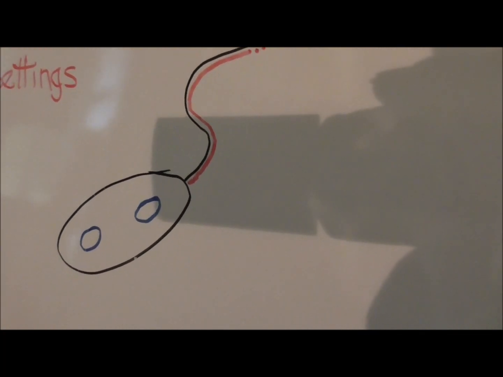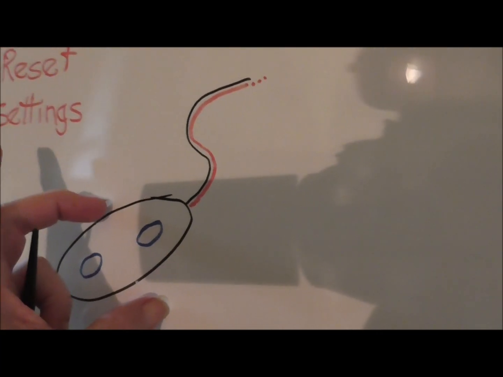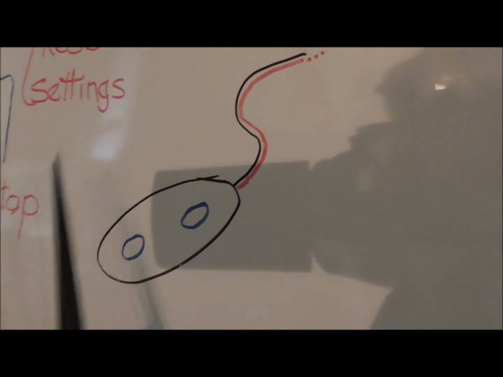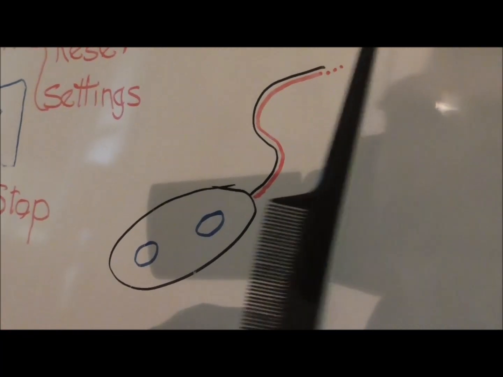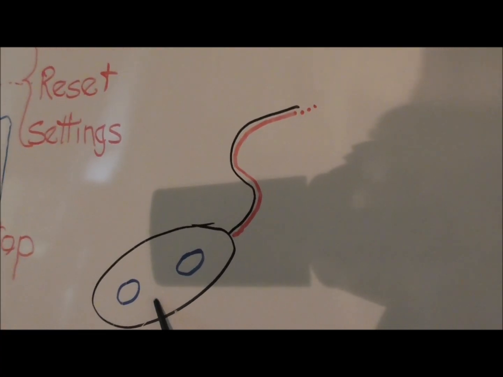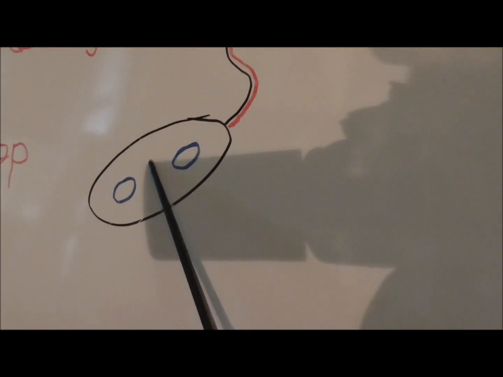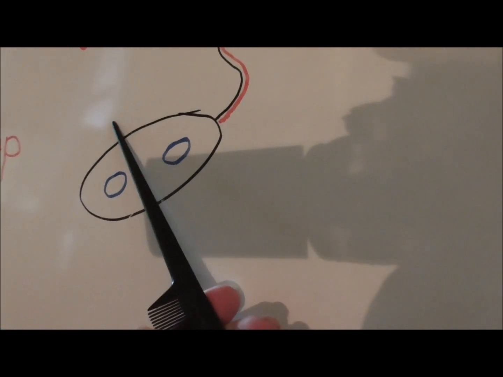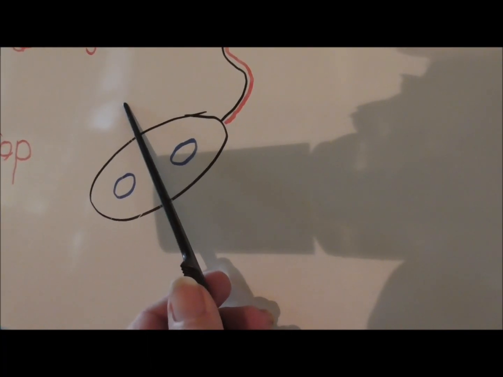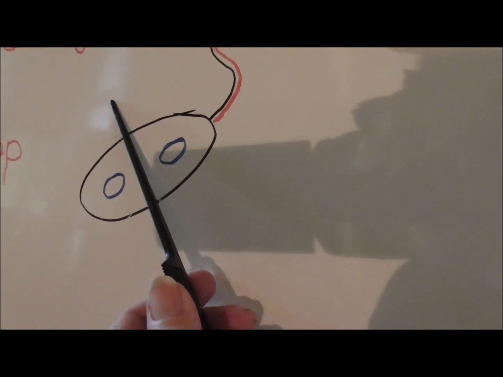Most people now know to either get their fingers around it, or what I would prefer to do, I carry this with me, a comb, and the handle on this particular comb is just right for getting underneath one of these. It's just the right size and shape, and it's made of insulating material so it won't short circuit the battery terminals.